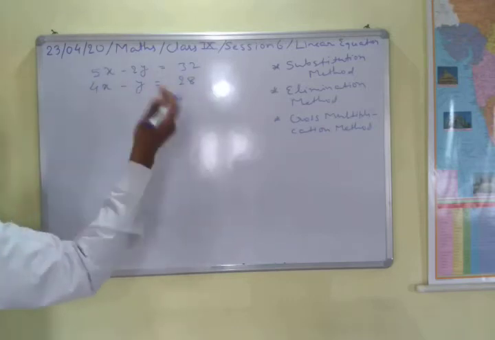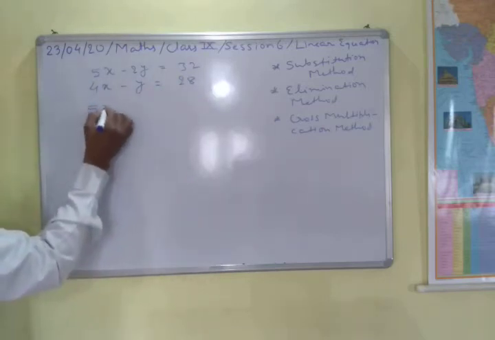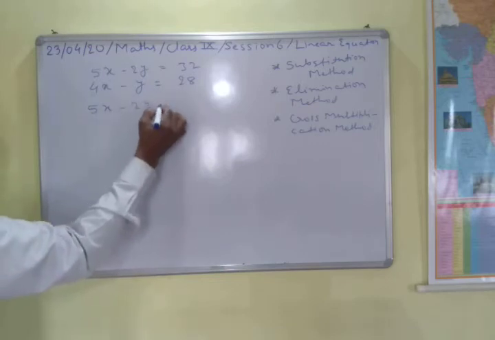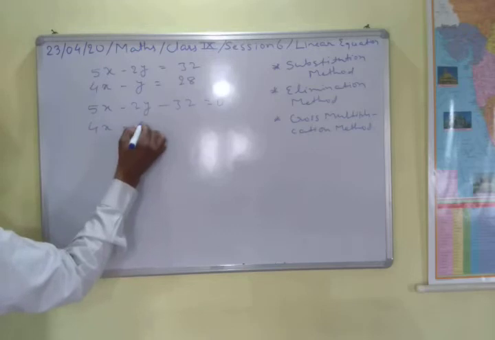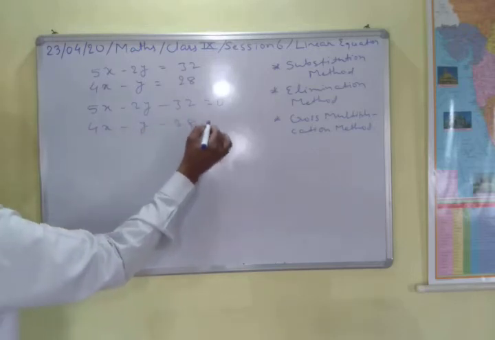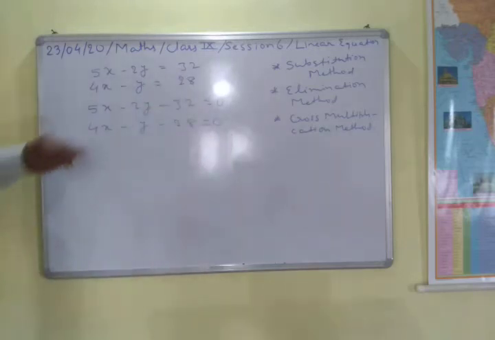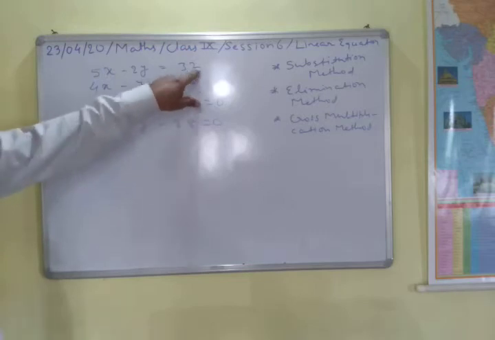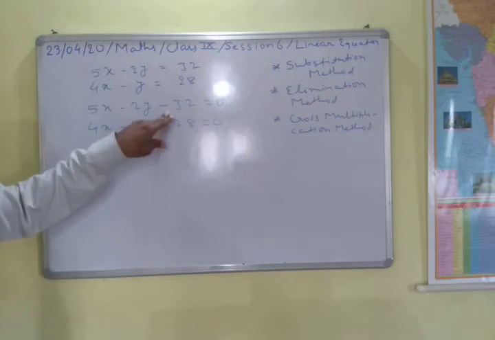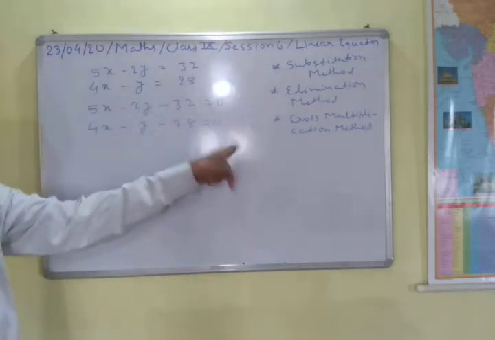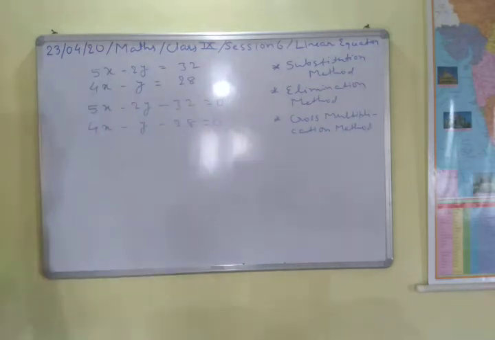So we have to bring this into another form, like this: 5x minus 2y minus 32 equal to 0, and 4x minus y minus 28 equal to 0. Now you can see that 32 and 28 are brought to the left hand side, and on the right side only 0 is there. Now we can apply this method.